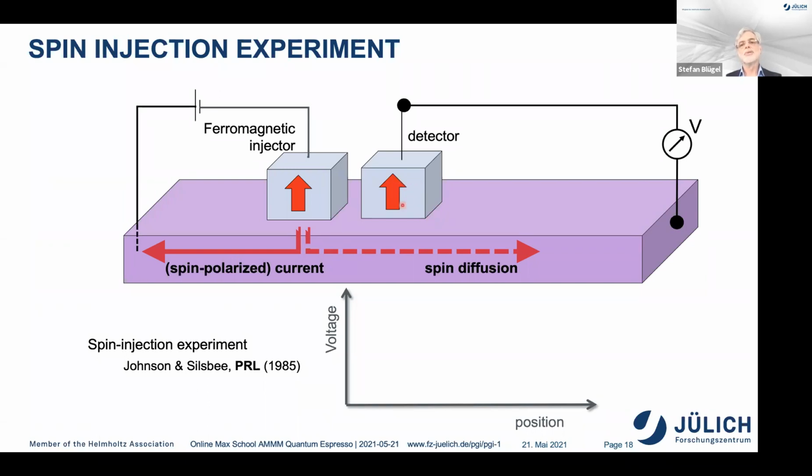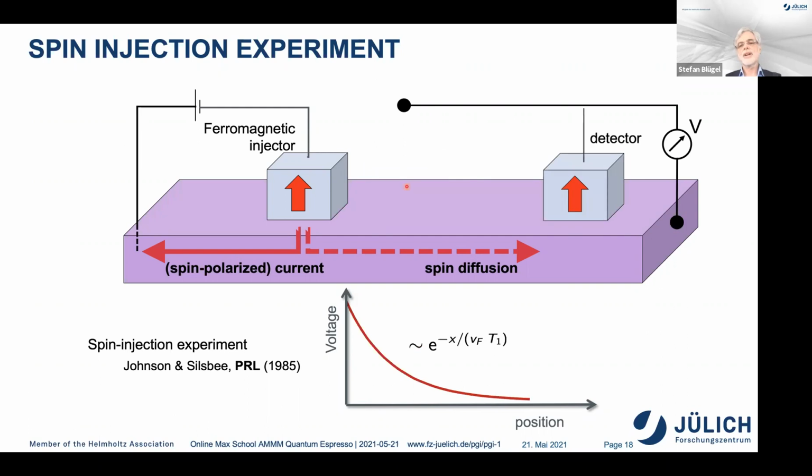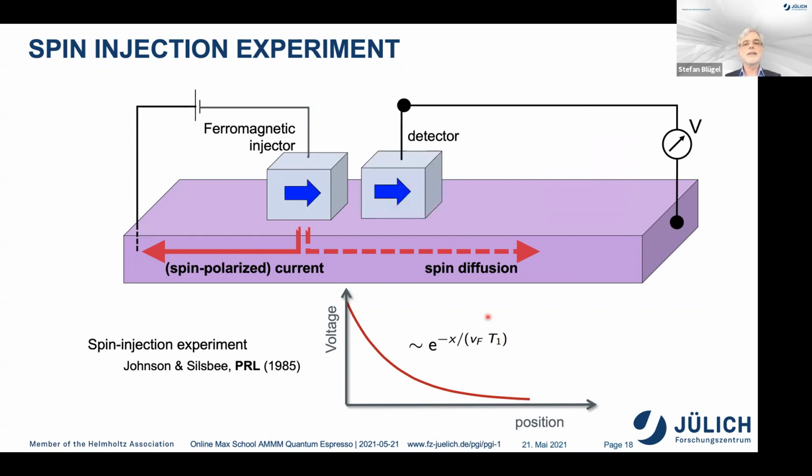What you do is you measure the voltage difference as a function of the position. And I have basically done this for you here. You get such a curve because you get a typical diffusion behavior, and the diffusion length depends on your spin lifetime. And now you can do the same for a material with a different direction.